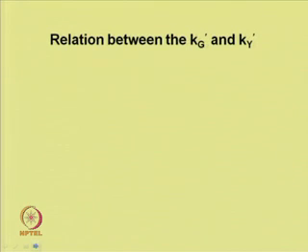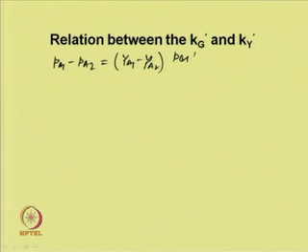Similarly, we can derive the relations between Kg dash and Ky dash. As we know, the relations between Pa1 minus Pa2 is equal to Ya1 minus Ya2 into Pb1 Pb2 by Pt.